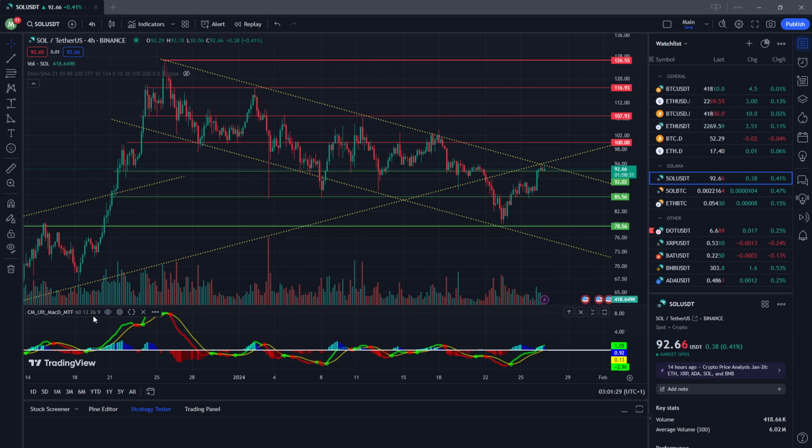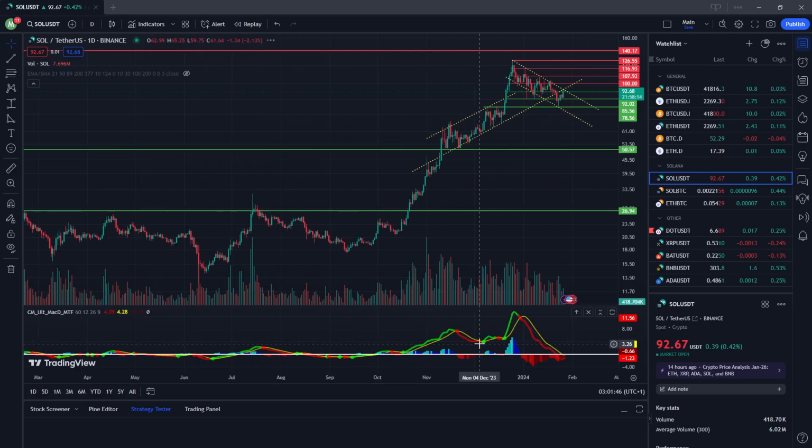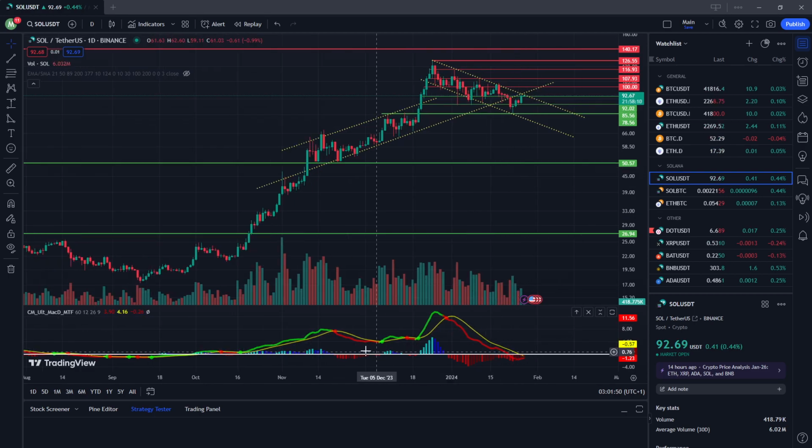Usually these are 12 and 26 candles long, and I say candles and not days because you can change the time period of the candles, and the MACD will change accordingly. So if I change this to 1 day, you can see this looks way different. You can see that it has a lot of volume here.